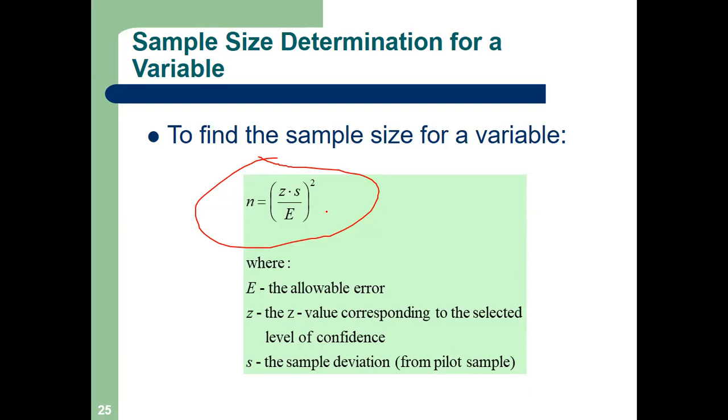I think it has crossed 30 or 35. Where E is the allowable error, and Z is the value corresponding to the selected level of confidence.